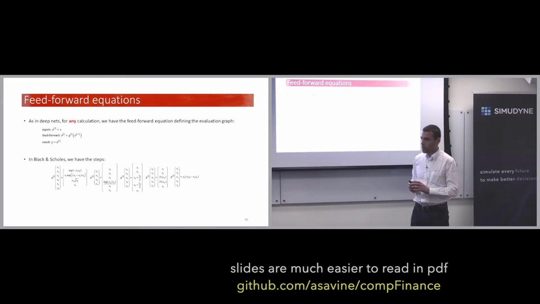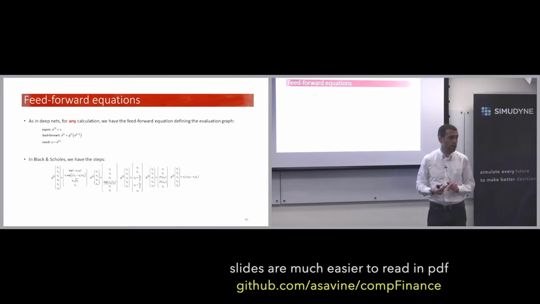At the end of the day, it's all about multiplications, additions, divisions, subtractions, square roots, logarithms, exponentials, maybe 20-something building blocks, yeah? Maybe you have some sine, some cosine, some hyperbolic sine and cosine in your calculation, up to 20 building blocks, no more than that.